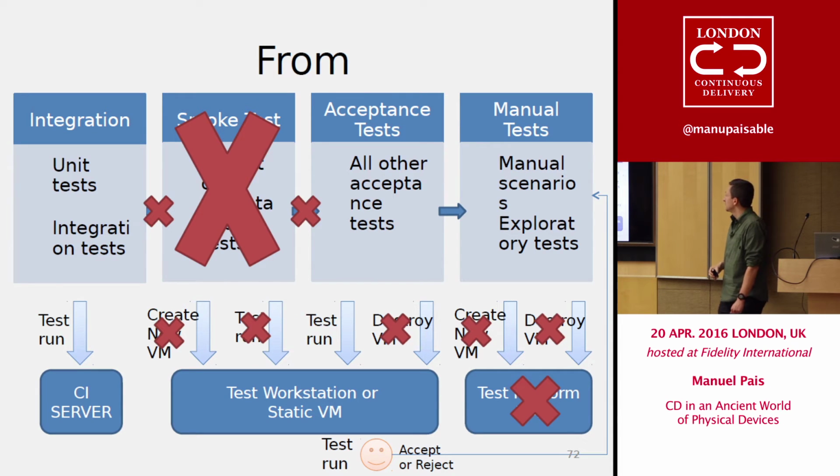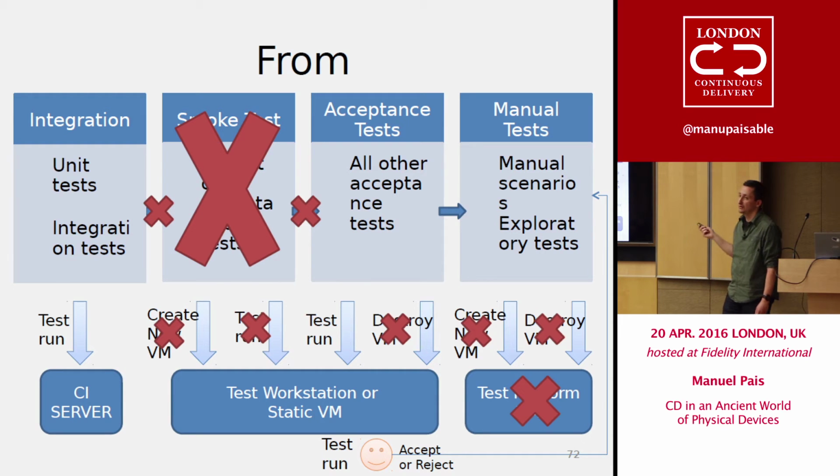So this was what we had initially, and you can see it's not really a pipeline, because if you take out the stuff that is crossed out, you just have one flow there and one flow here, so two different flows asynchronously. But we had unit tests and integration tests running on the CI server directly, which was not great, the integration part.